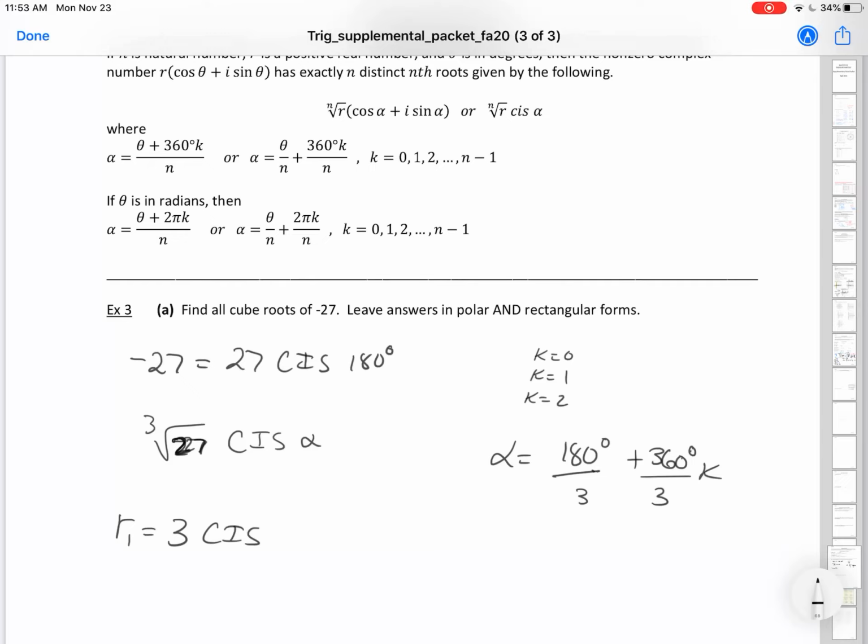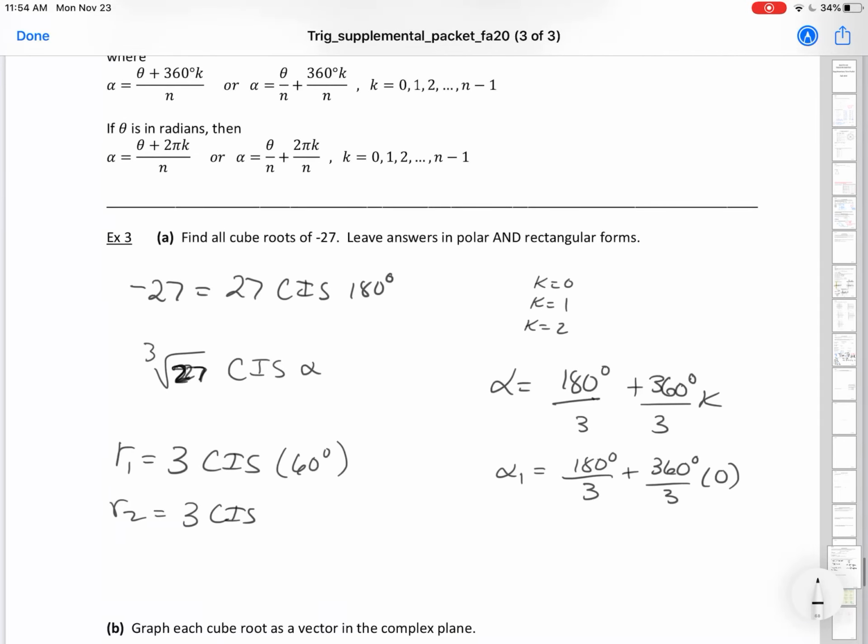Well, if you let k equal 0, you got 180 degrees divided by 3. That's 60 degrees. R2 is going to be 3 CIS. And maybe it would help if I put these out. So alpha 1 is going to be 180 degrees over 3 plus 360 degrees over 3 times 0. That's where I came up with that 60.